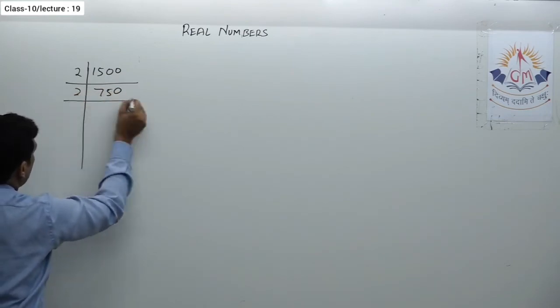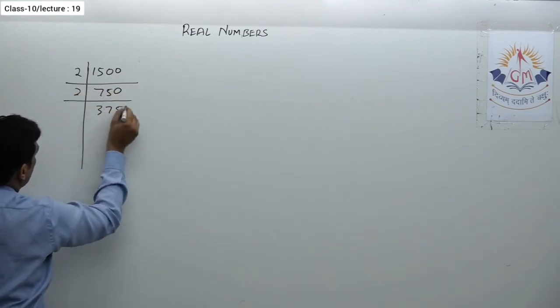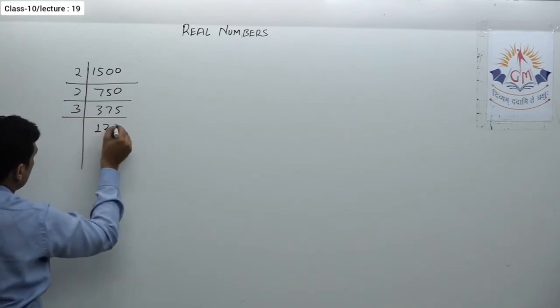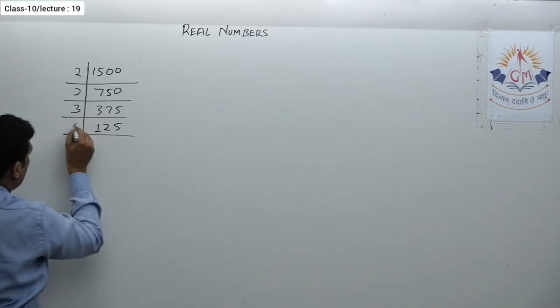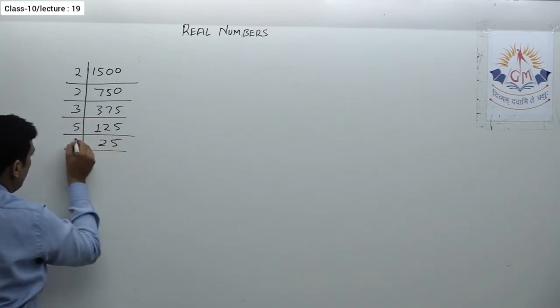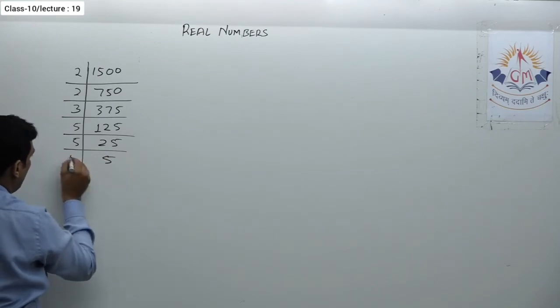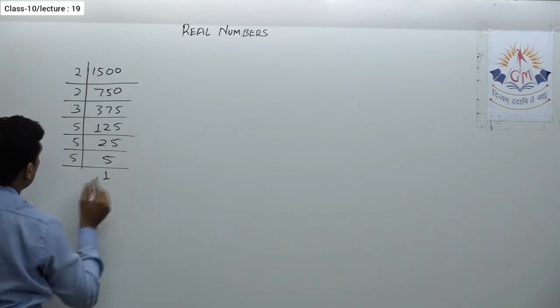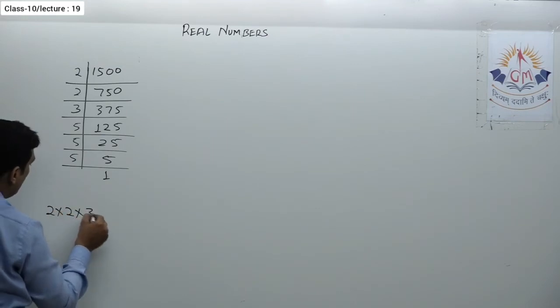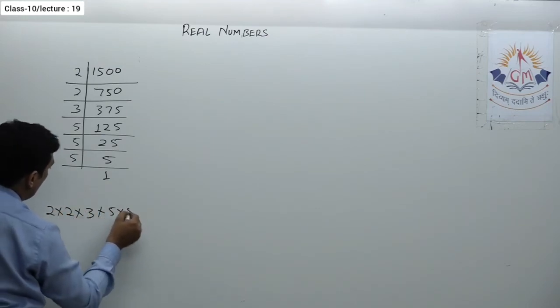Then again if I divide it by 2, I will get 375. Now if I divide it by 3, I will get 125. Now if I divide by 5, I will get 25. Again if I divide by 5, I will get 5. Again if I divide by 5, I will get 1. So here I can say factors are 2 multiplied by 2 multiplied by 3 multiplied by 5 multiplied by 5 multiplied by 5.